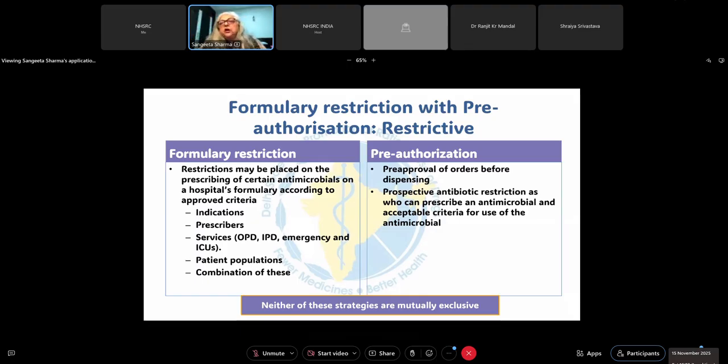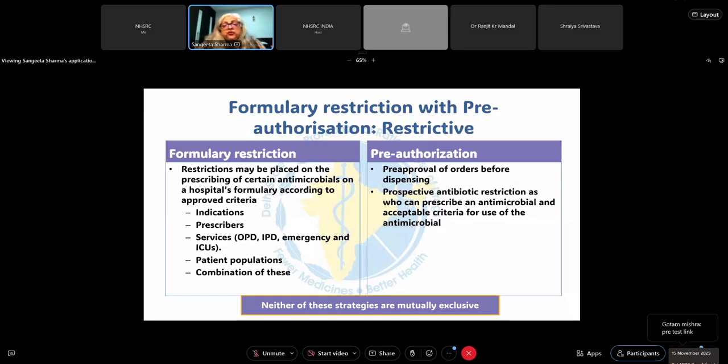This is called pre-authorization. But sometimes, because these senior doctors are not available round the clock, the patient may come to you in emergency at night. The patient is very sick, it is a life threatening situation, so you may have to use these high end antibiotics immediately for these patients.